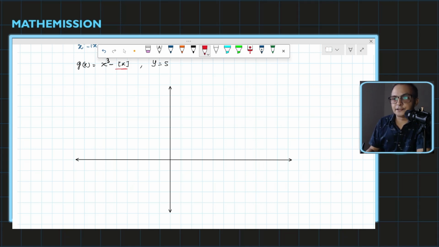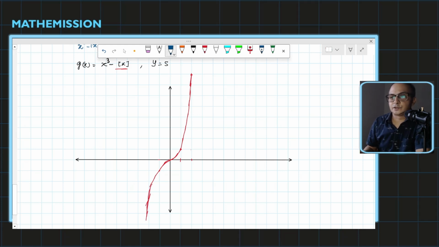And how can we draw the graph of x cube minus the greatest integer? There is a technique here. So how do we draw it technically? Let's see. First, draw the graph of x cube. So I'm drawing this graph of x cube here. Okay, so you understand this thing. So what is the point?